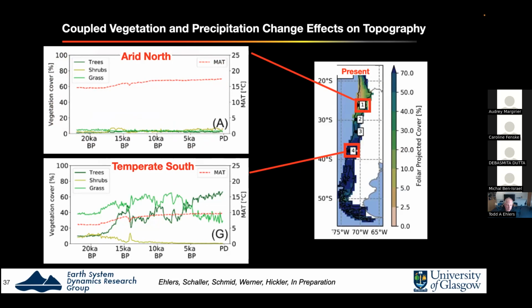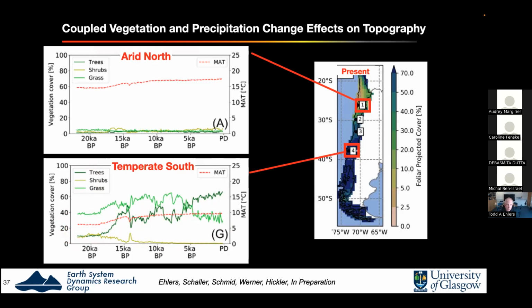As you move further south to the temperate rainforest area, the different plant functional types are changing. This is the increase in temperate broadleaf evergreen trees that I illustrated before. That's happening at the expense of grass. The amount of grass is going down, and the amount of shrubs is close to zero there.